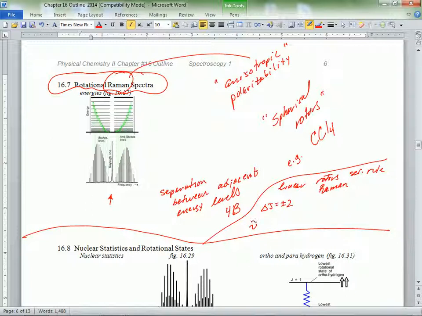The wave number for J going to J plus 2 was nu tilde equals, with an I, minus 2B, what is that, 2J plus 3. So let's make sure that I is clear.